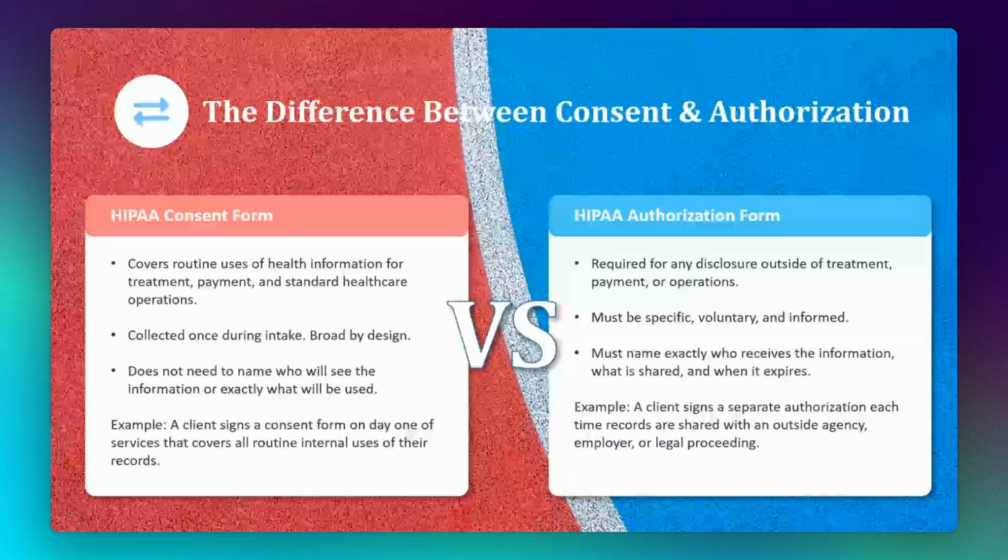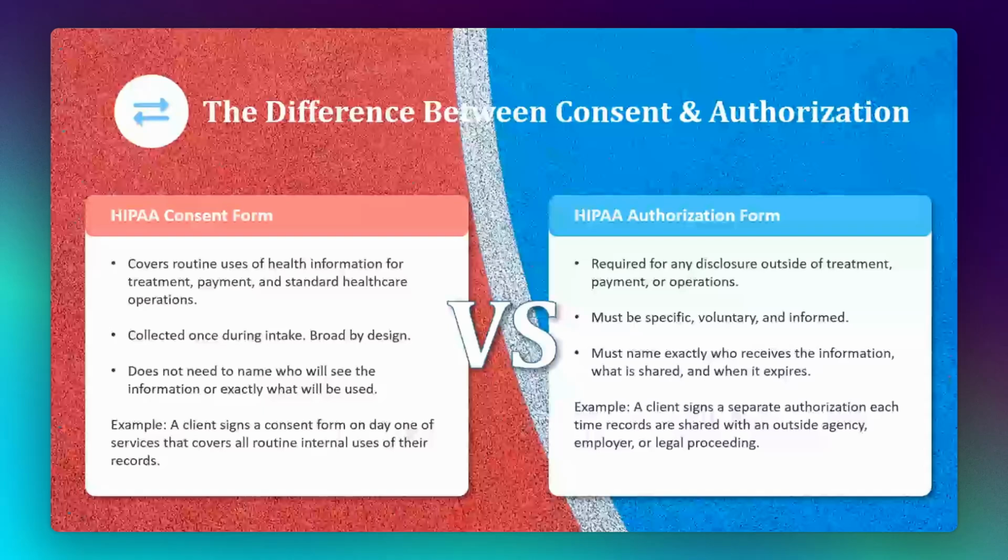Disclosing information to a family member who isn't directly involved in care is an example. Another example is releasing records for a legal proceeding or sharing information with an employer. Every one of those situations requires a separate, specific, signed authorization form.